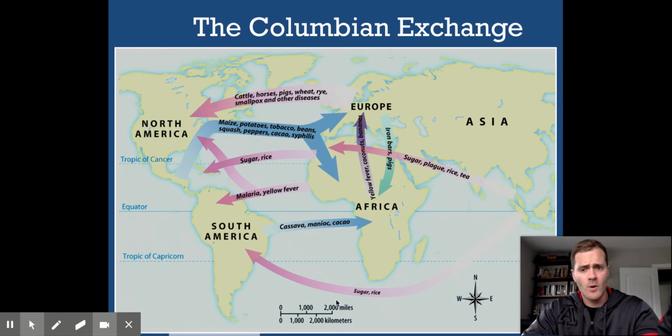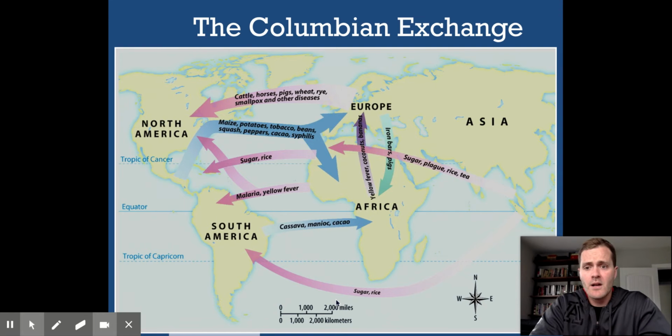From the New World to the Old World goes maize, corn, potatoes. Tobacco becomes a big driver of Old to New World exchange. Beans, squash, peppers, cocoa beans, and syphilis. So we send syphilis from the New World to the Old World.